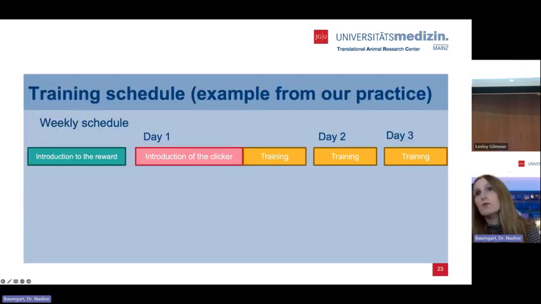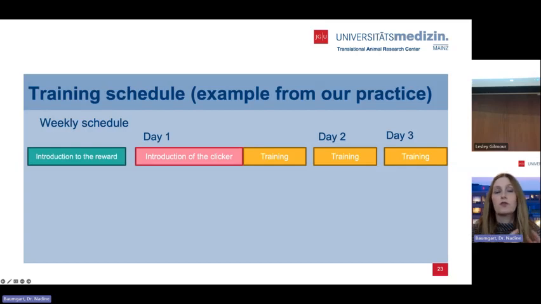This is just an example for a training schedule out of our facility. It was quite a strict schedule. We did these strict schedules because we did a lot of evaluations in the end. So we did behavioral experiments, blood testings, because we wanted to check for several parameters which might be altered by our experimental procedures.